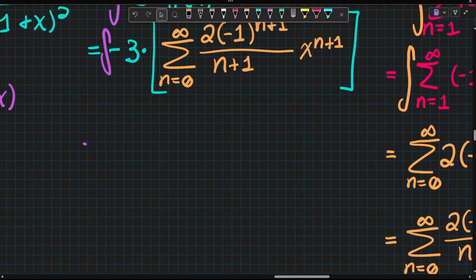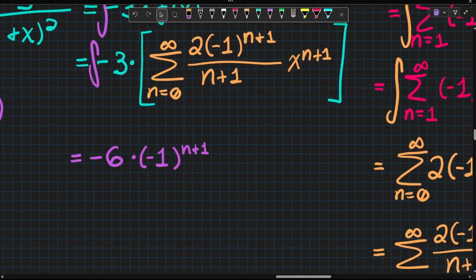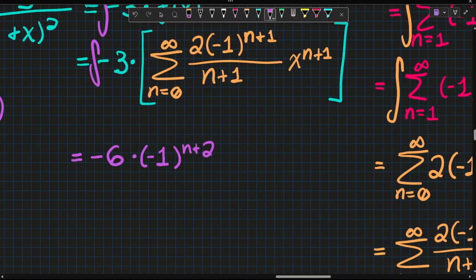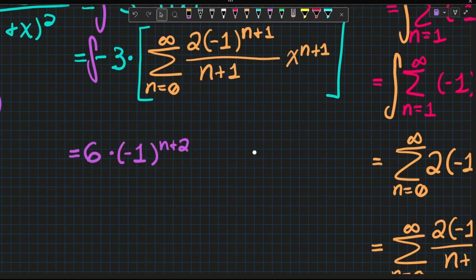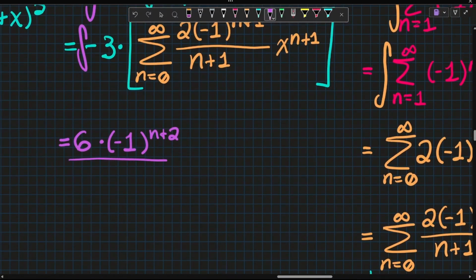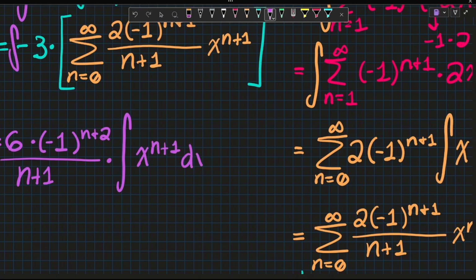So let's do that. Here we'll take out the constants. We have -6 times -1 to the n plus 1. Interestingly enough, we can do this now. Now you have all of this over n plus 1, times, of course, the integral of x to the n plus 1 dx.